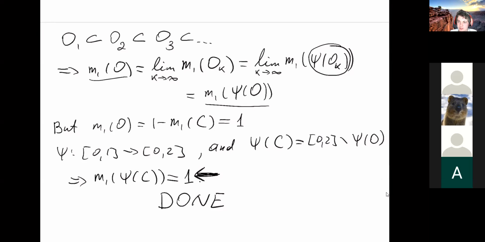And so it from the very beginning had a decent chance to have positive measure. The way we chose these intervals or their lengths forced it to have measure 0. But if you stretch the intervals that form the Cantor set a little bit, you start getting a non-zero measure. So this is probably what psi does.